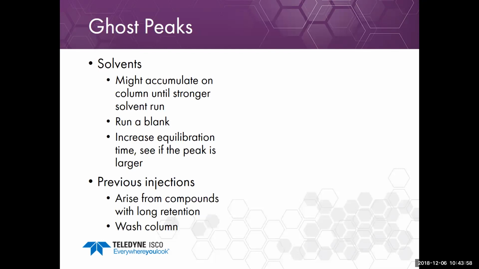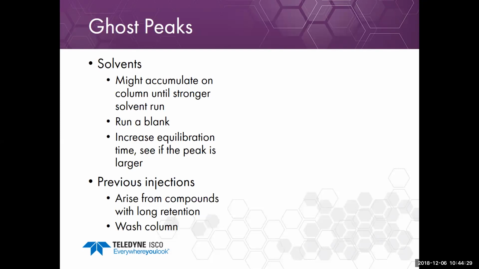And the problem with ghost peaks is they're somewhat intermittent. Sometimes you see them, sometimes not. Your solvents might have impurities in them. The other thing is they might have other compounds, like for instance, tetrahydrofuran, THF. Sometimes you have a preservative in there that holds up on the C18 and elutes in the column. If you know it's in there, you know when it comes out, you can usually work around it.